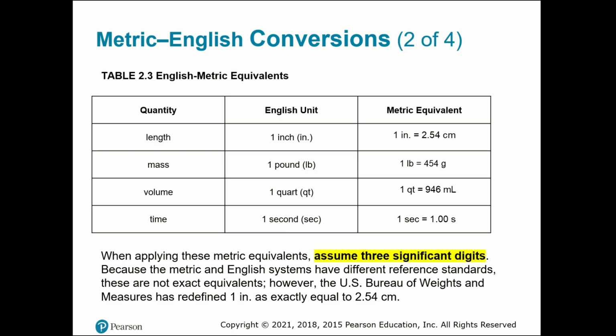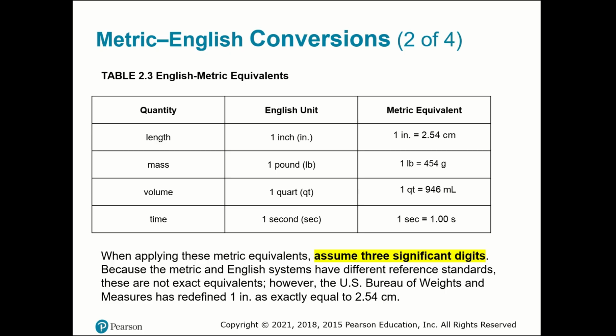So we're going to use the metric-English conversion, and it is pretty much the same that we did before. But when applying this metric equivalence, assume 3 significant digits over here, because the metric and the English systems have different reference standards. There are no exact equivalents.